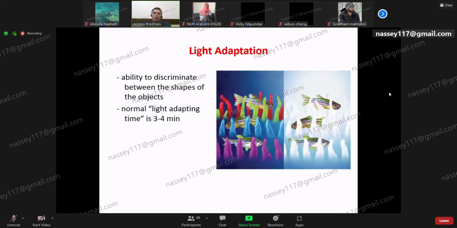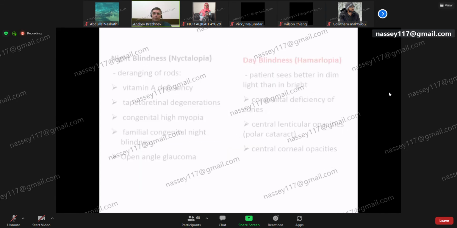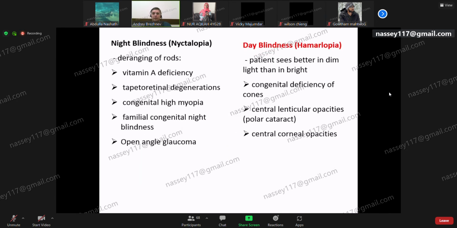Several words about the clinical picture, clinical features of several disorders which are associated with changes in such visual functions like light adaptation, dark adaptation, like visual perception, and so on.